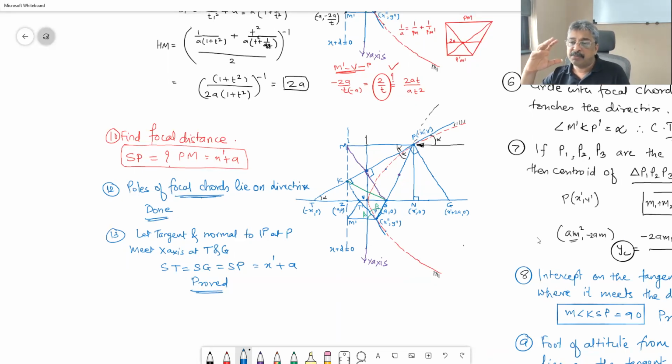Geometric properties are important for parabola because they exist due to the nature of the parabola, and if they are true in standard form, they are true in general. Even if the parabola is tilted, origin is shifted, still the geometric property, optic property will be true for all parabolas, wherever it exists.